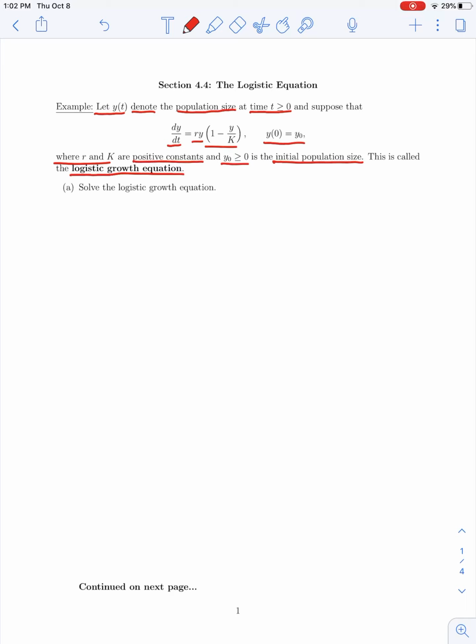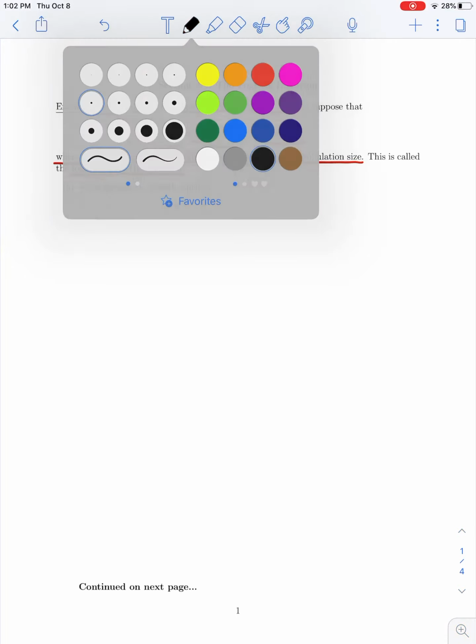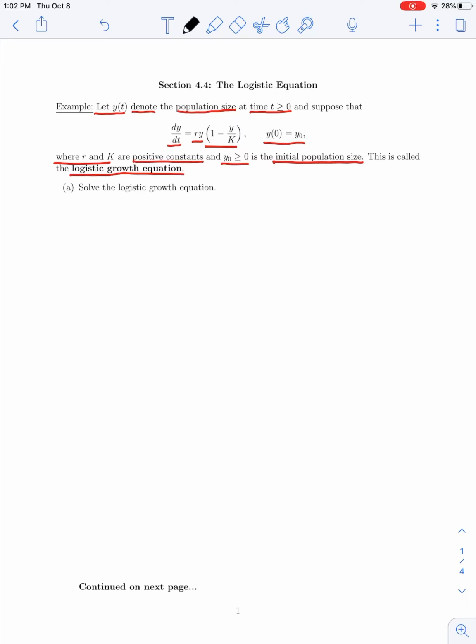So in part A of this example, we're asked to solve this logistic growth equation. Now, this equation is a separable differential equation, so I could solve by making use of separation of variables.